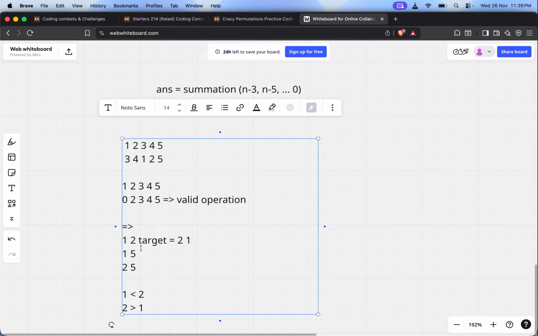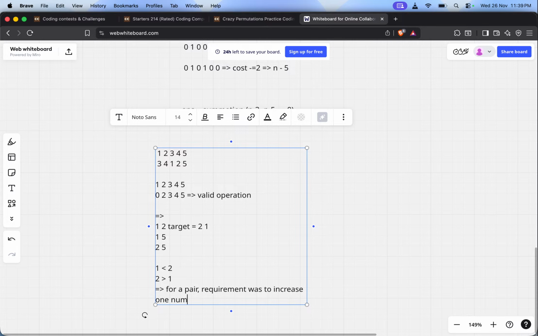So what is our requirement? For a pair, the requirement was to increase one number and decrease one number.